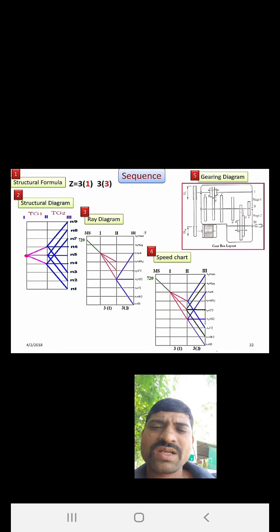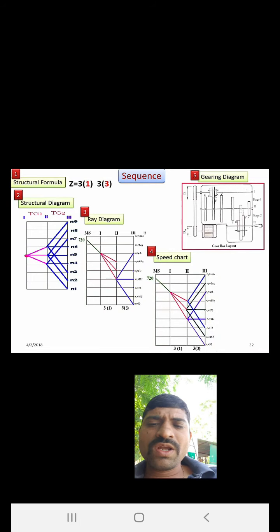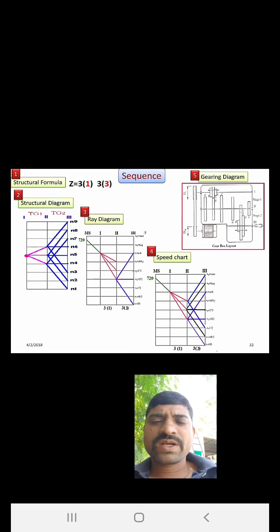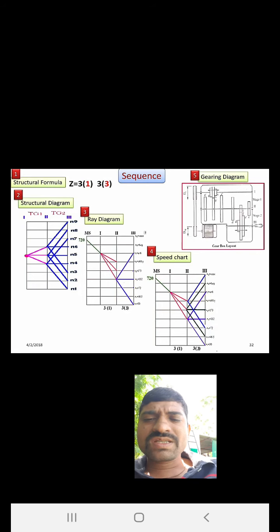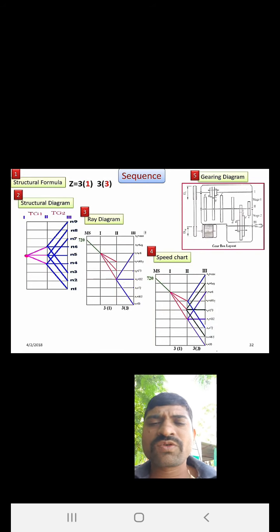How to draw this? Again, see here 3 into 3 is there in the second stage. Again draw the 3 lines. I have shown them in blue color. See n6 on the second shaft. I will explain n6 on the second shaft. Here you can check the value of n6. I have drawn this n6 from the second shaft in the upward direction, left to right.